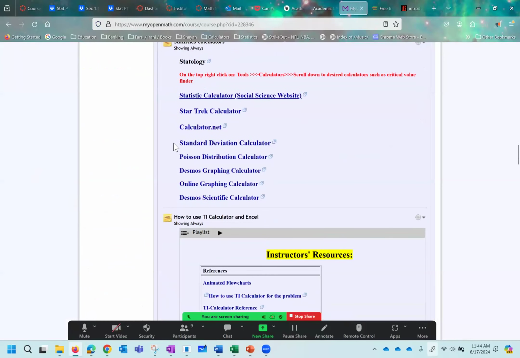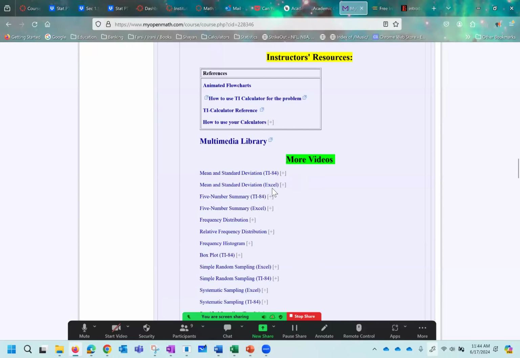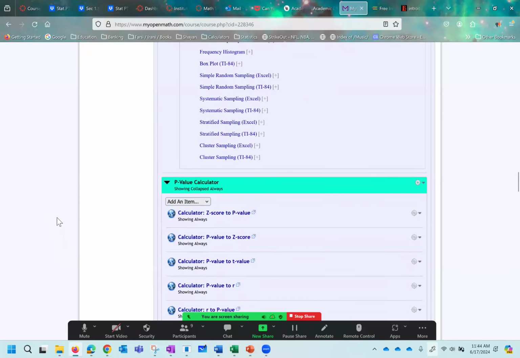Again, more calculators, Star Trek calculator.net all the way to Desmos. And here, again, the resources, these are the videos as to how to use, for example, a TI calculator or Excel. So these are all resources.